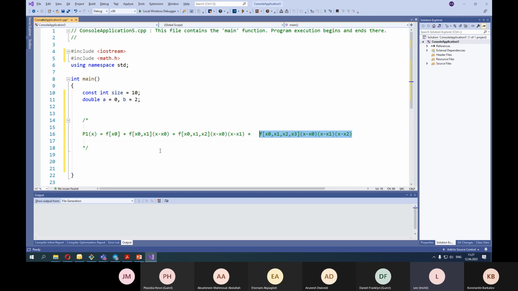And now we have a polynomial of degree 3, and so on.